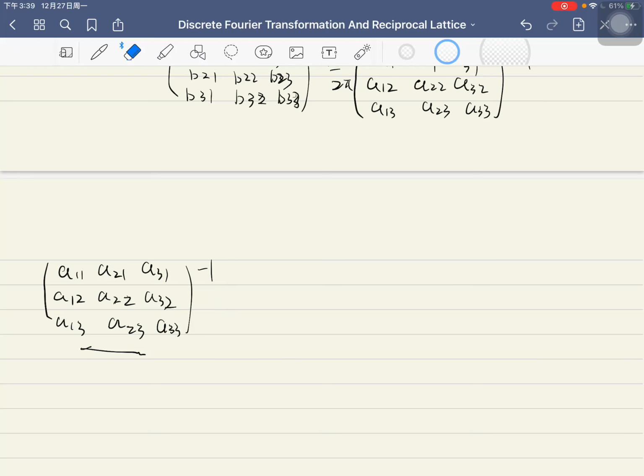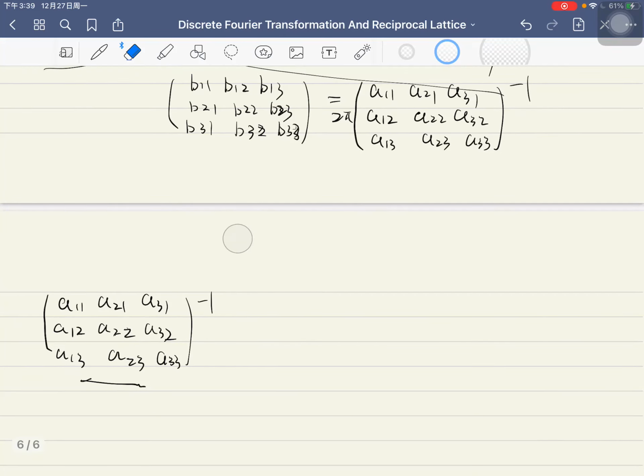Before we write them, because there's a transposition and if we write the answer directly this can be a little bit confusing.